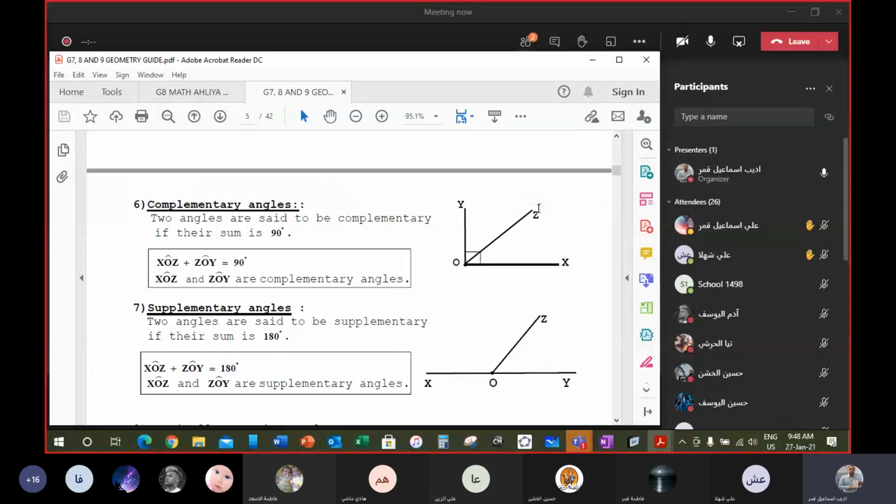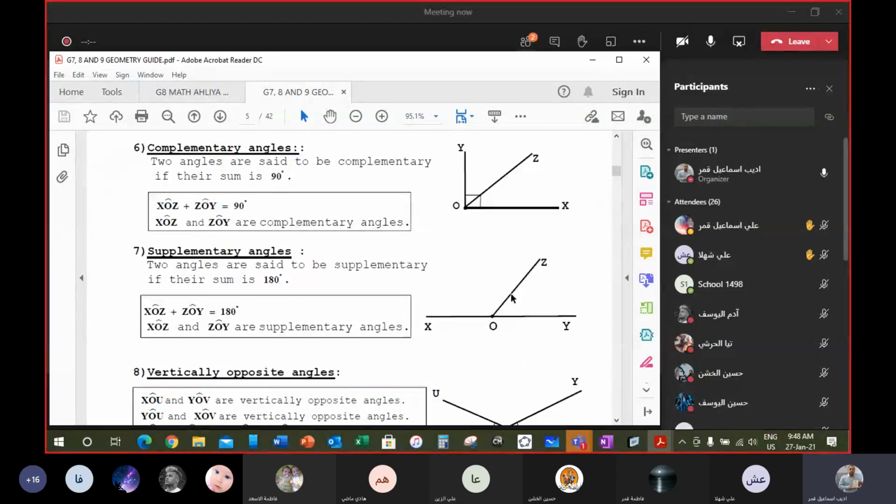Supplementary angles are two angles where their sum is equal to 180 degrees. In this case, we have adjacent supplementary angles. The two angles have the same vertex O and a common side OZ, but their sum is equal to 180 degrees. So we say that these two angles are adjacent and supplementary.